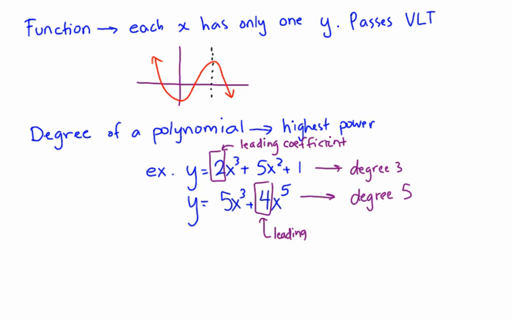So this term is really going to tell us what the graph will look like more than any other term, because it has the greatest degree. When you put an x value in there, it's going to have the most influence on what you get out of it. So this would be the leading coefficient. He has the most power because he's paired up with always the highest degree term.